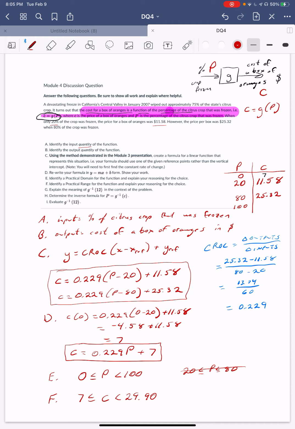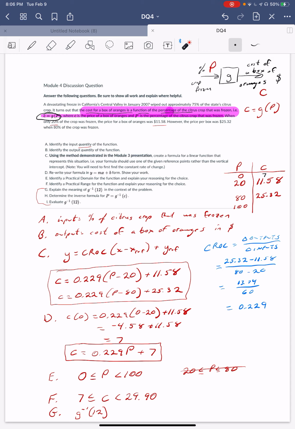All right, so now I'm going to continue on to talk about the last 3, which are all dealing with the inverse. So the first question, G, asks us to identify the meaning of the inverse of the function at 12. Now, the inverse function takes the original function and works backwards.